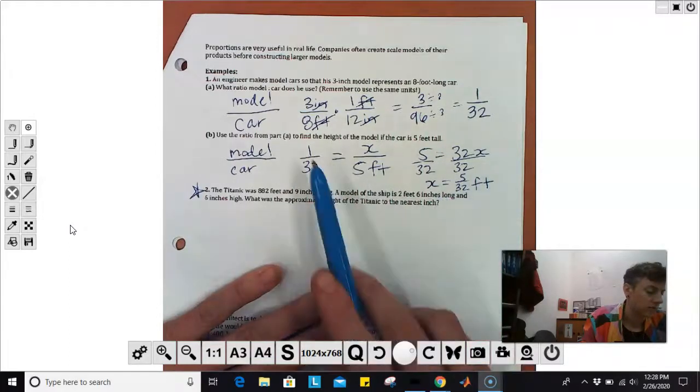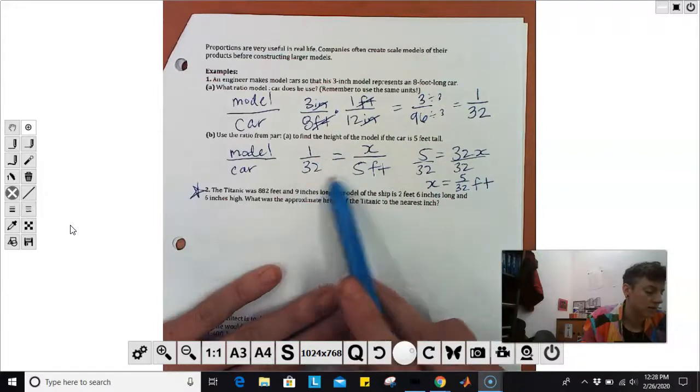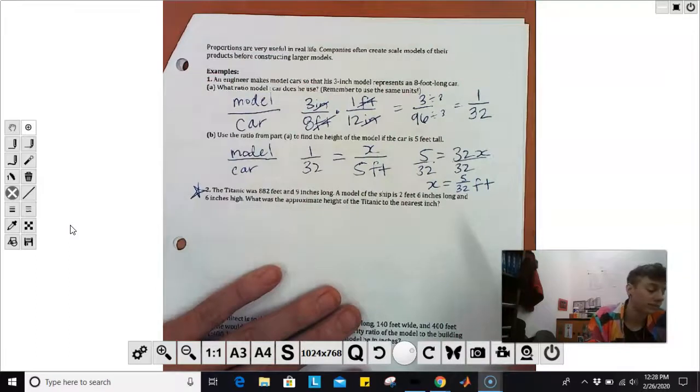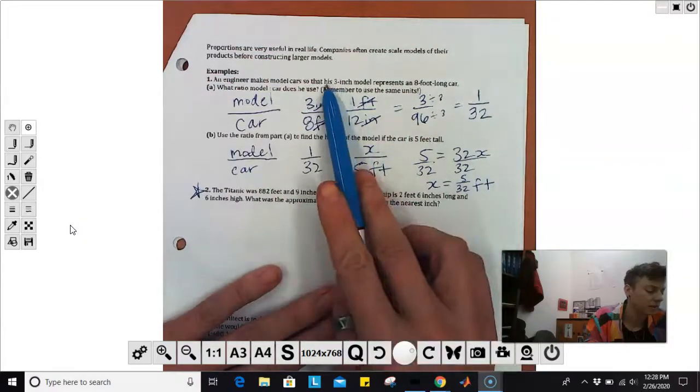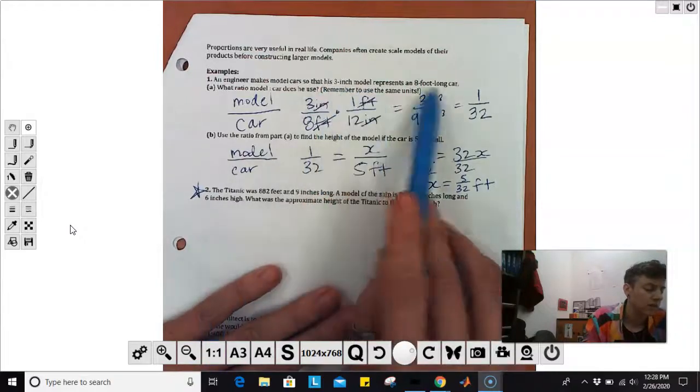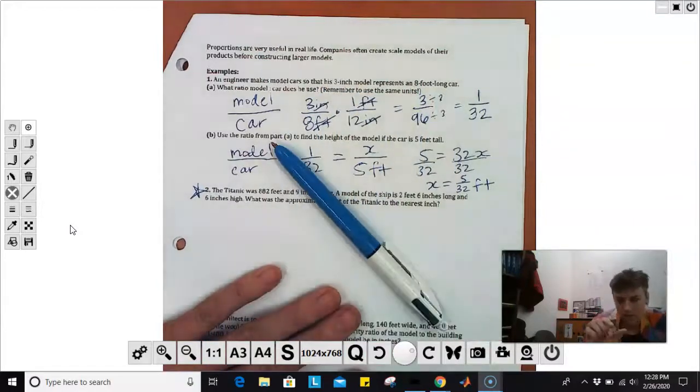That was our model of the car: height of the model over height of the car. Yeah, it's tiny. He's making a tiny thing. His model is 3 inches long, so the car's going to be pretty tiny. There you go.